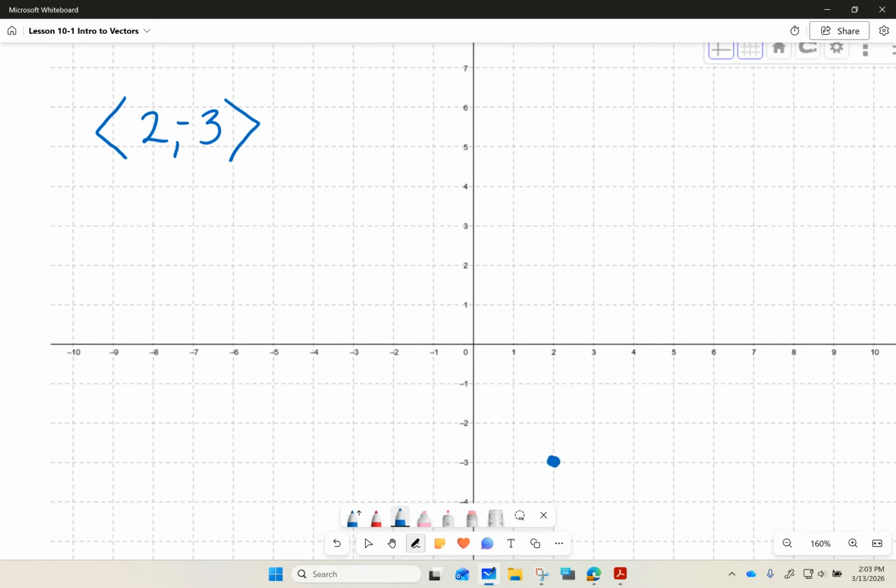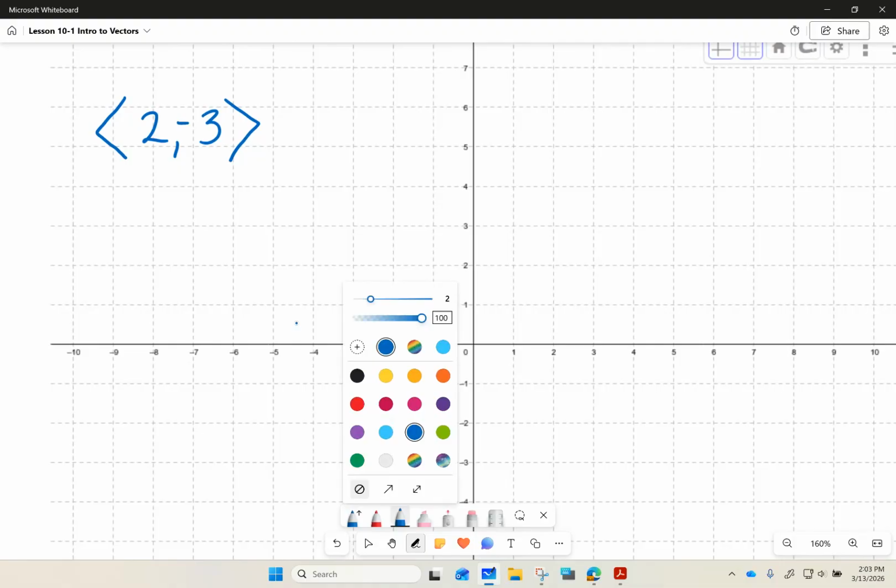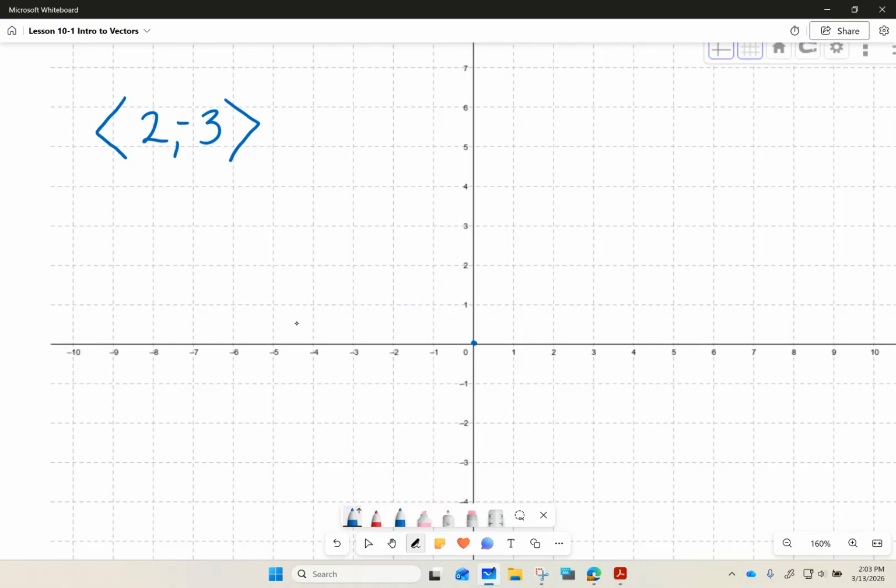That's not a point. That is ⟨2, -3⟩, okay? Written in that format, it means that the x component is a 2, like this. The -3 component means that from that ending value of 2, you went down 3 vertically. And so that is what they are giving you.